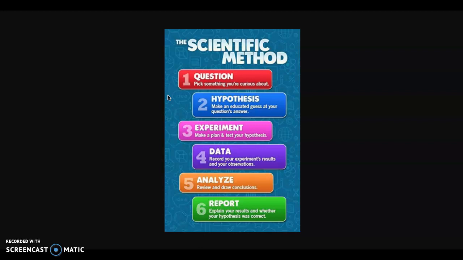That is the scientific method. We're going to follow this step by step. We're going to do it a couple times in class for a few different experiments. And this, as I said at the beginning, provides the framework for how scientists conduct experiments.